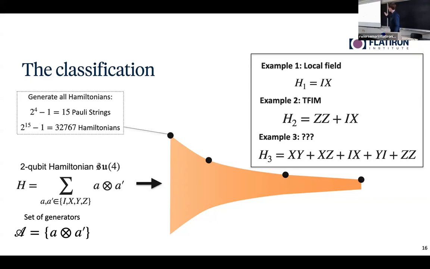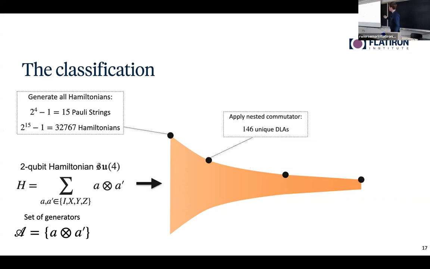So then we have that. Then what we do is we start doing this nested commutator thing. These are generators; they don't actually give us the Lie algebra. So we need to take all these nested commutators until we can no longer do that. Then we get some Lie algebra, which for a 2-qubit system, you can just look at the elements that you get, and then you can see, oh, it's SU4, or it's SO4, or SP2, or whatever.